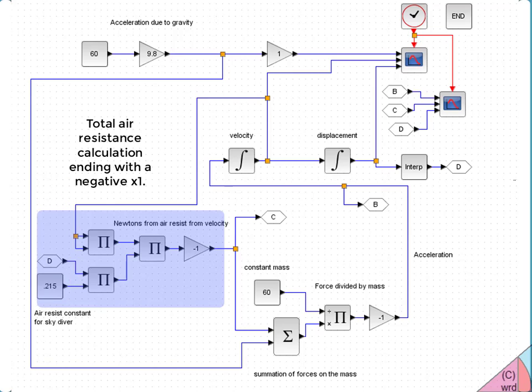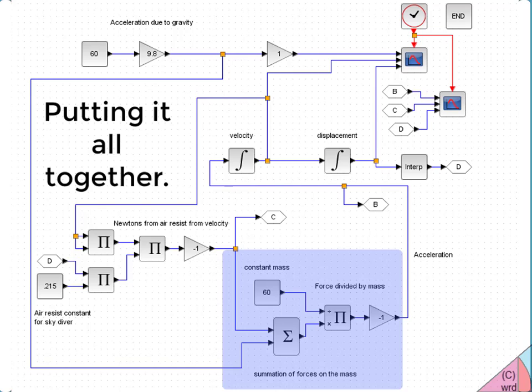We finalize air resistance force here. We sum our air resistance force, with a negative sign, and our jumper's gravitational force, with a positive sign, to get net force. Net force divided by our diver's mass of 60 kilograms makes up acceleration. We are ready to run.